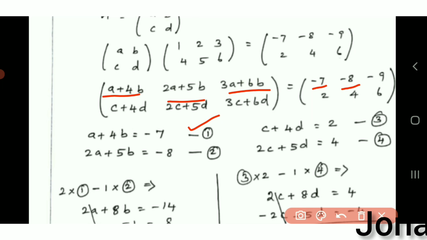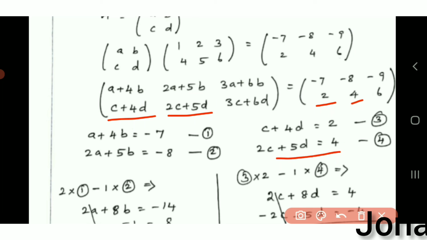We want to find the value of A, B, C, D, isn't it? So by equating, the first two equations, and then C and D is nothing but C plus 4D equal to 2 and 2C plus 5D equal to 4.